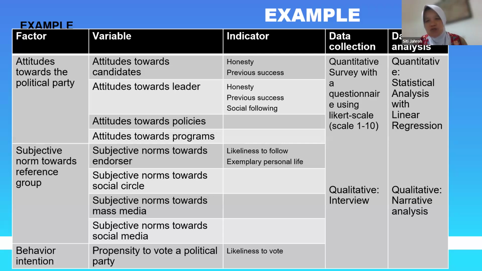For the qualitative, you can have the interview and narrative analysis. So you add this table to your proposal, and then you make the questionnaire survey for the quantitative that you should do.